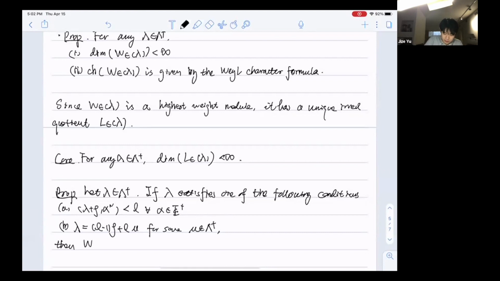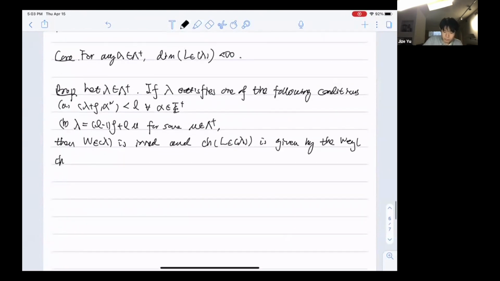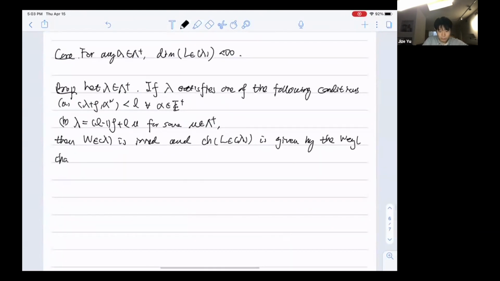Then in this case, the corresponding Weyl module is irreducible, and the character of L epsilon lambda is given by the Weyl character formula. Okay.